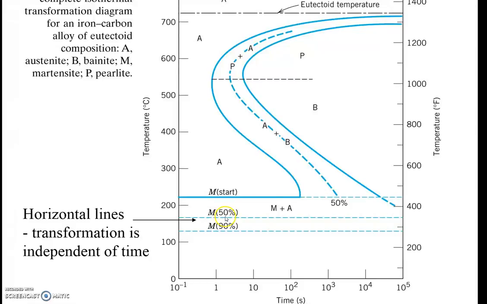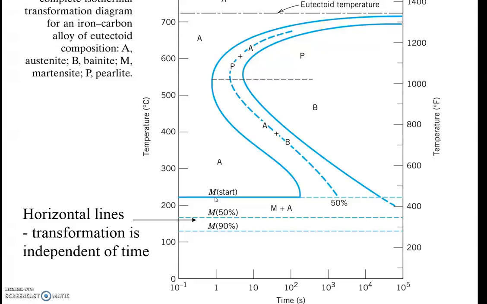This non-equilibrium microstructure is represented by the term martensite. It looks similar to bainite in that you have needle-like structures of cementite embedded in a ferrite matrix.